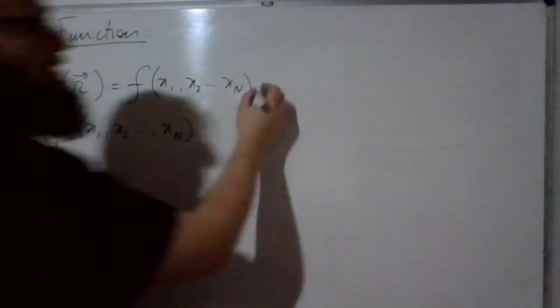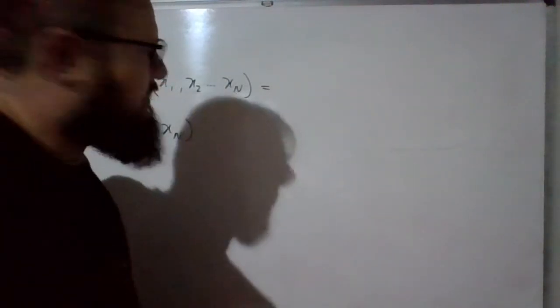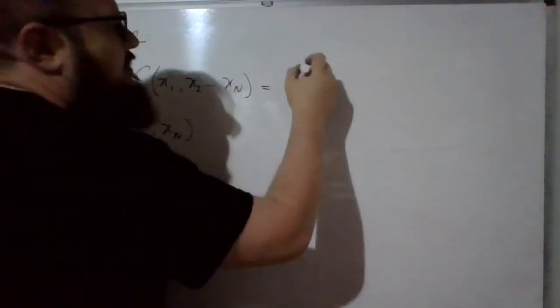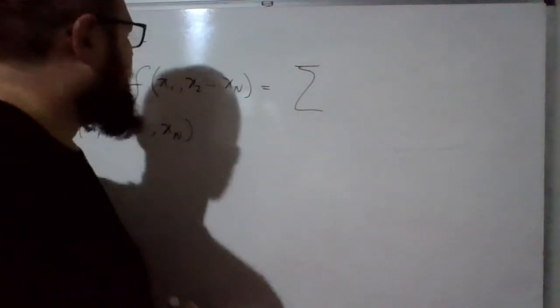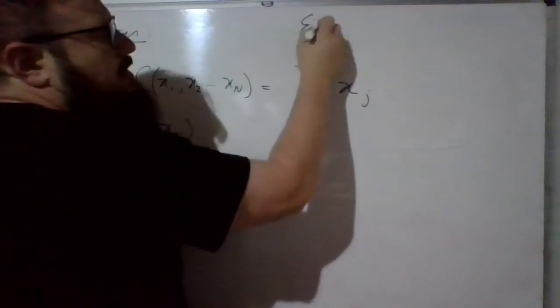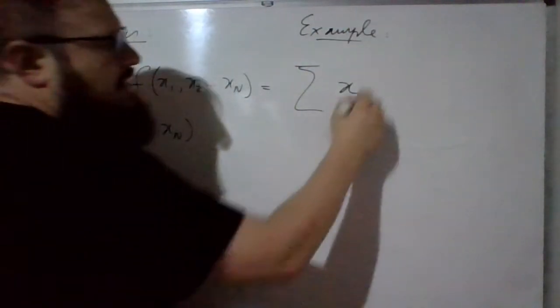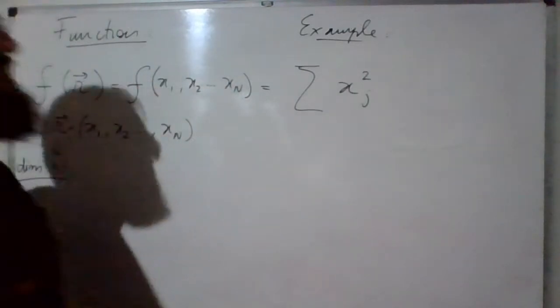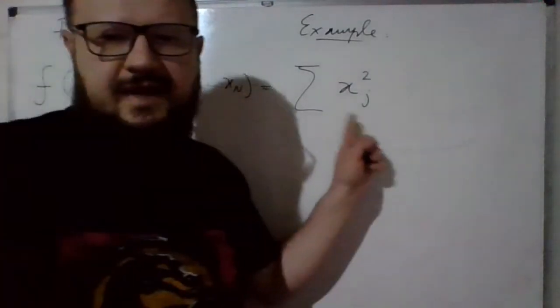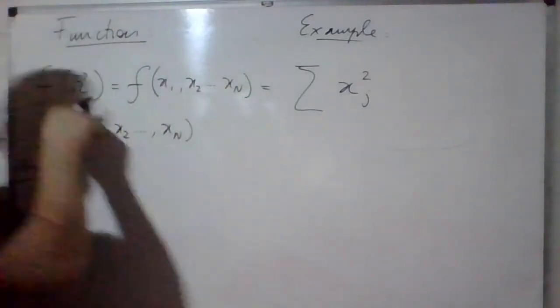Suppose it can be, for a very simple example, a summation of xj, to be concrete, xj squared. So you are calculating the Euclidean norm of this vector r.